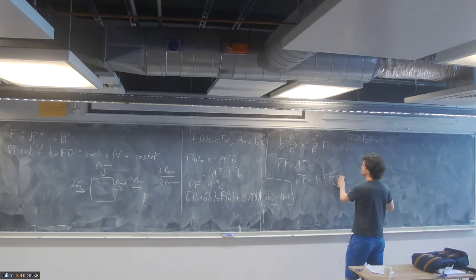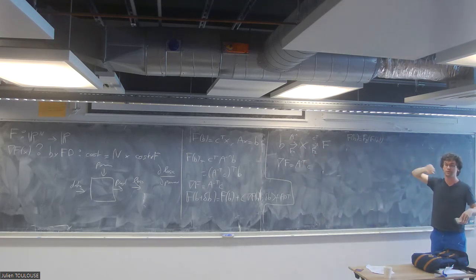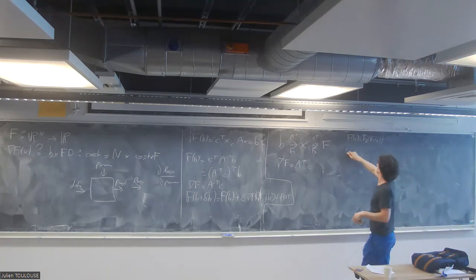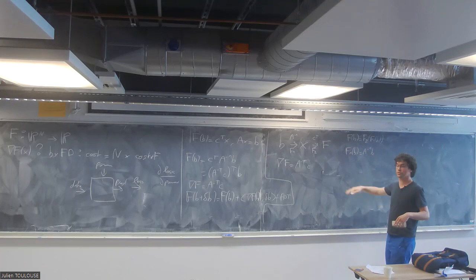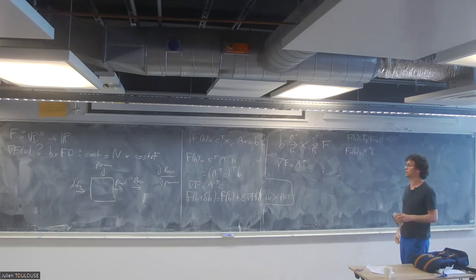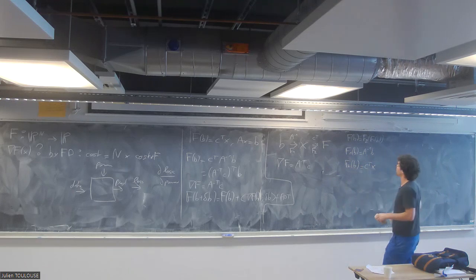Here F1 and F2 are functions. I write my big F as a composition of F2 and F1. Let's do the trick in the general context.